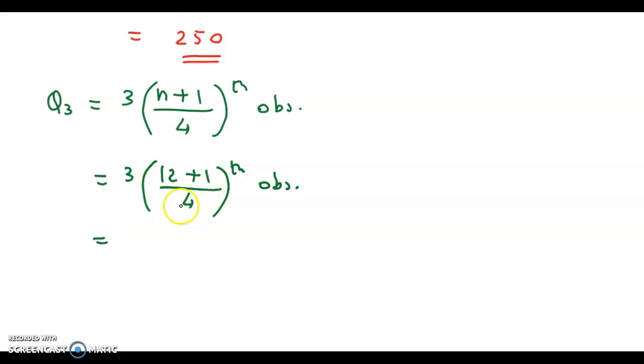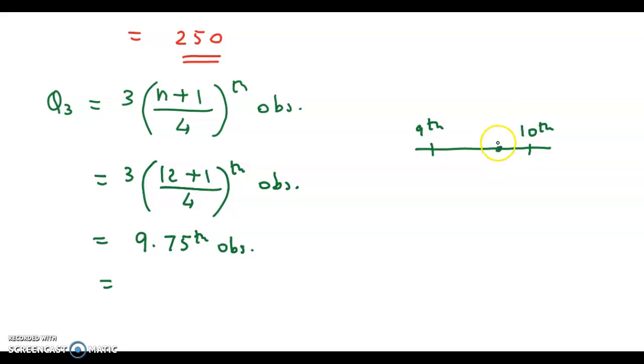Now this is 3.25, this part, into 3. Now 3.25 into 3 gives us 9.75. So this is the 9.75th observation. Now this would lie between the 9th observation and the 10th observation, and 0.75 would be somewhere here.